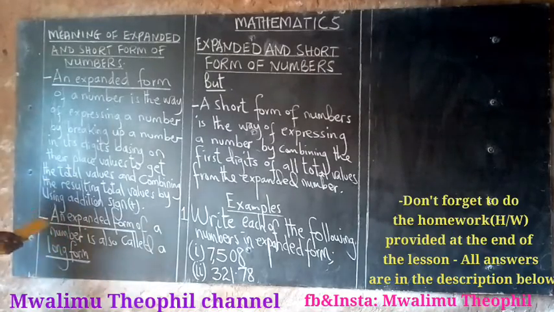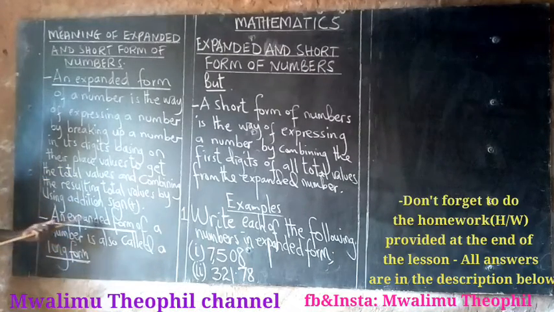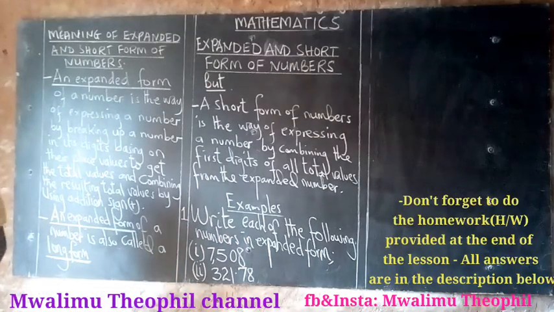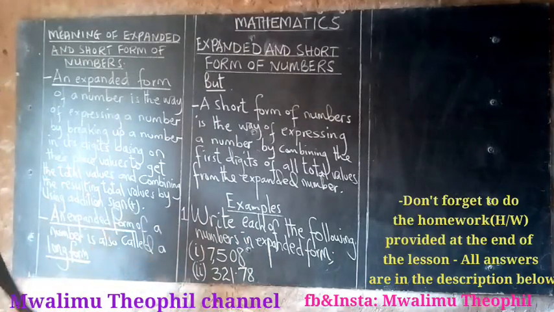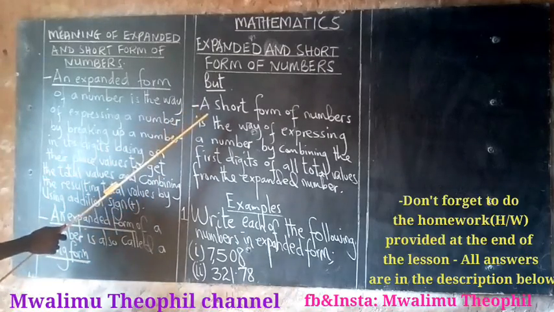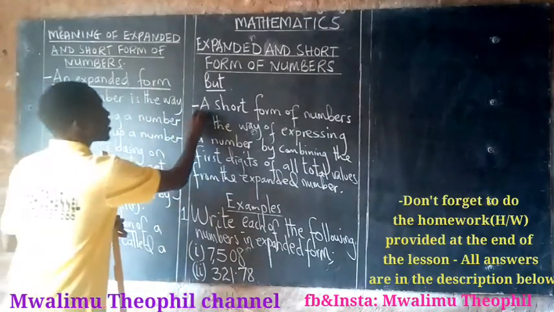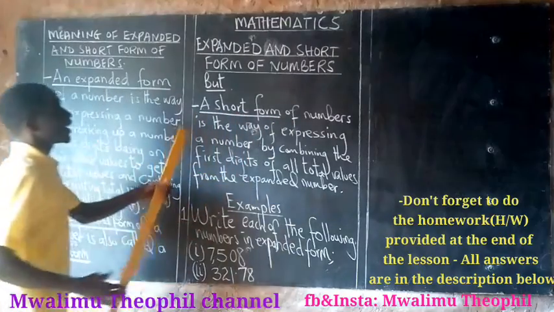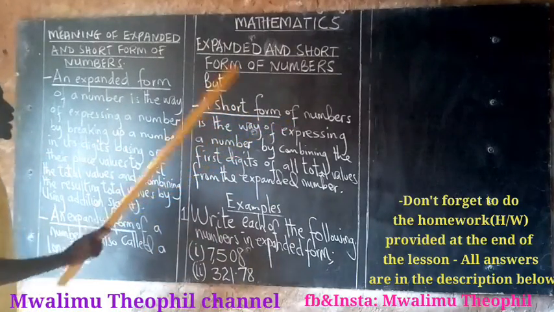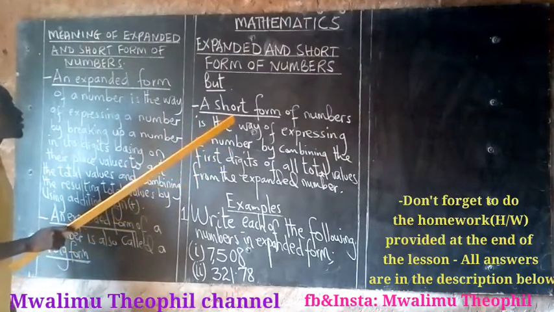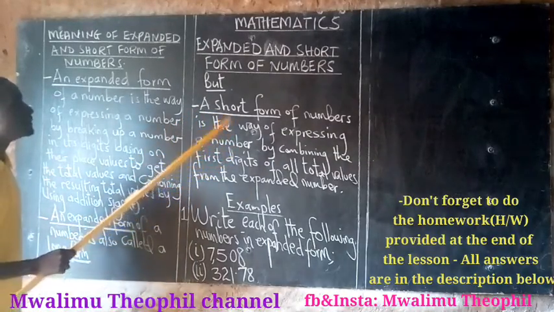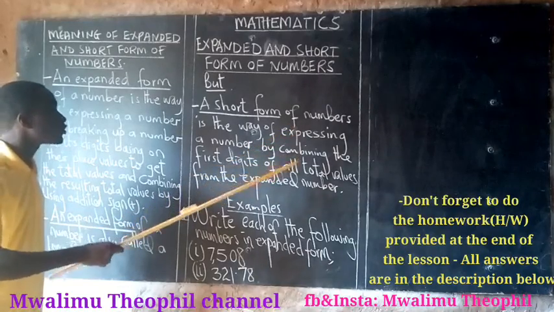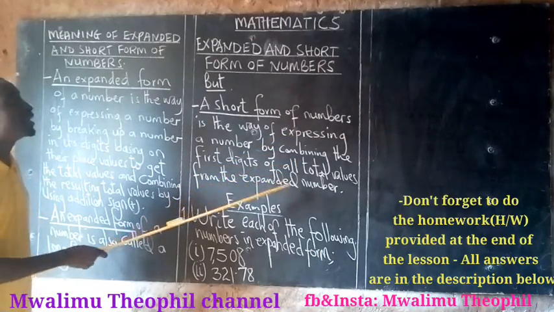So when you are asked to find or write an expanded form, it is the same as writing the long form. But when we speak about a short form, we say that a short form of numbers is the way of expressing a number by combining the first digits of all total values from the expanded number.